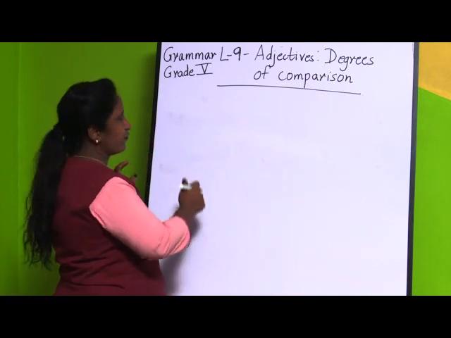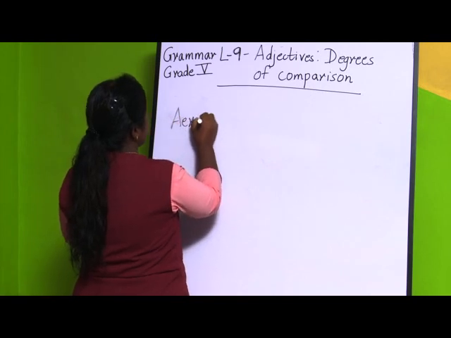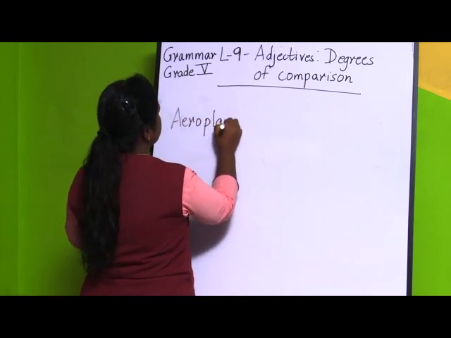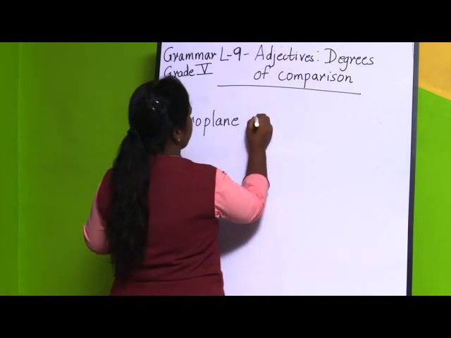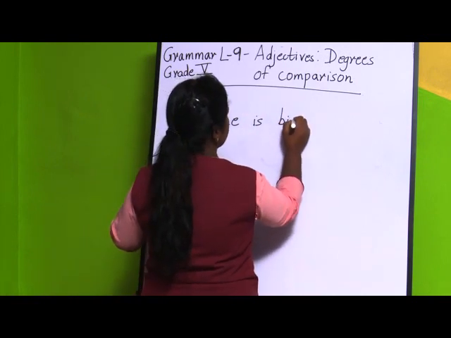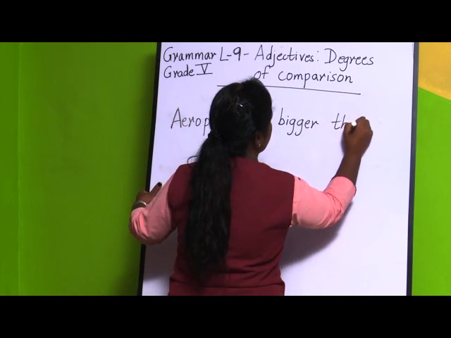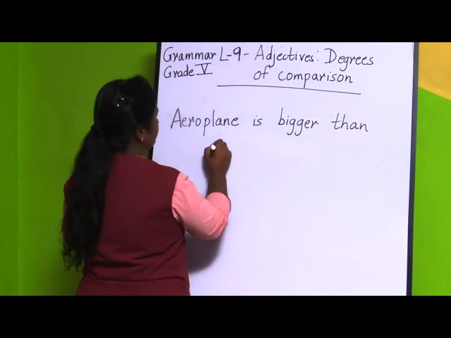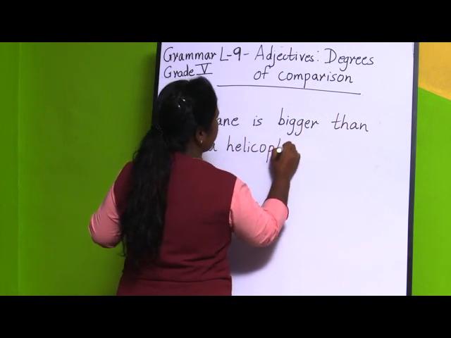For example, aeroplane is bigger than a helicopter.